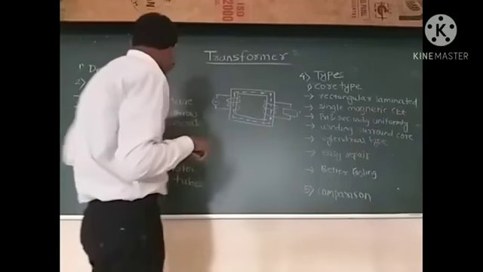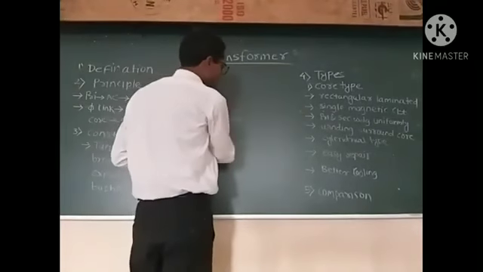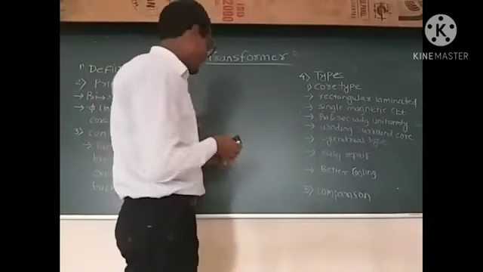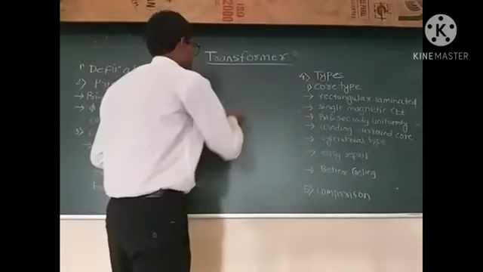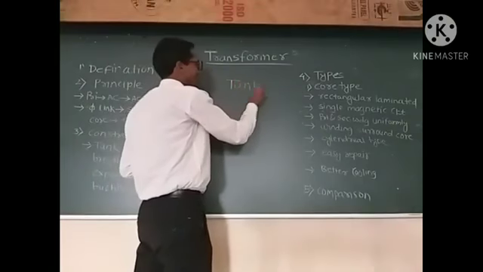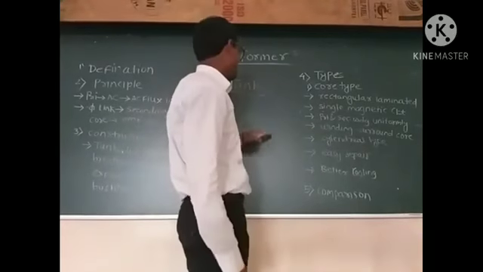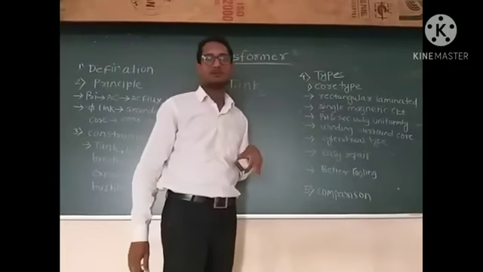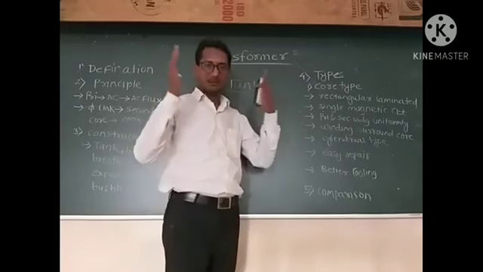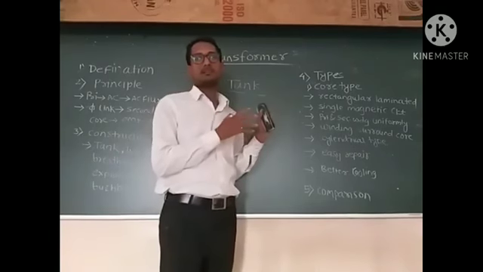Okay, now what is the construction of the transformer, or what are the basic parts of the transformer? First part of the transformer is the transformer tank. The function of the transformer tank is that it carries all the winding and the core structure of the transformer.